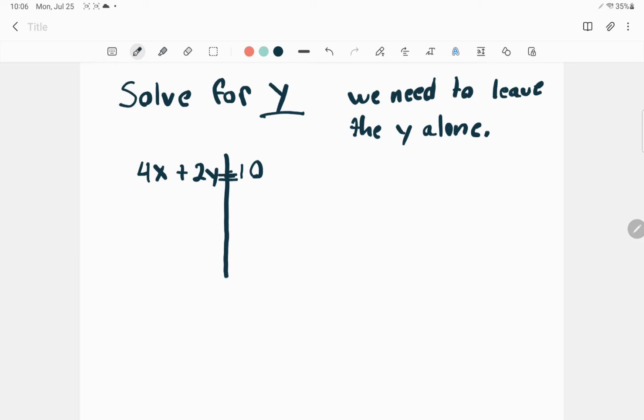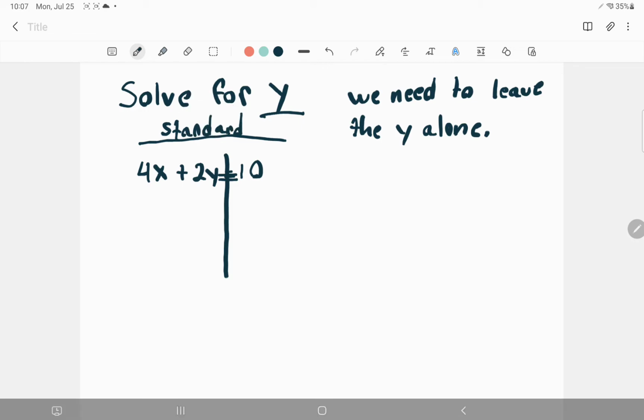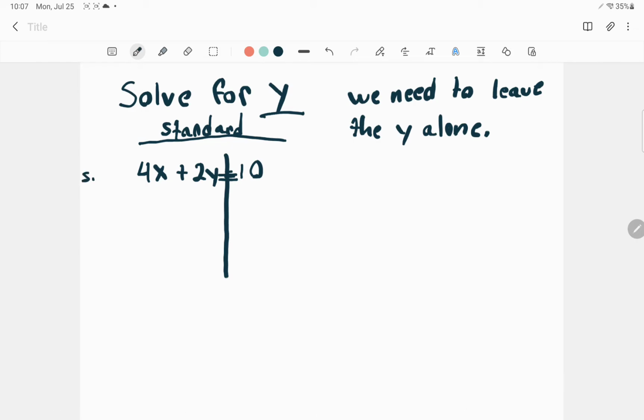Now, every time that you have this, like standard form, the first thing that you always do, step 1, is move x.